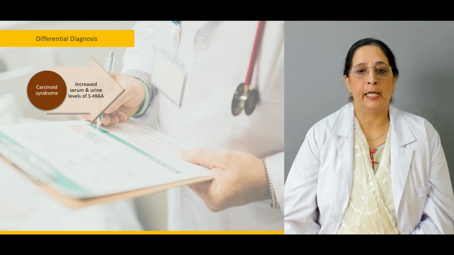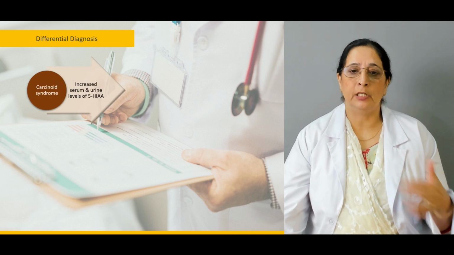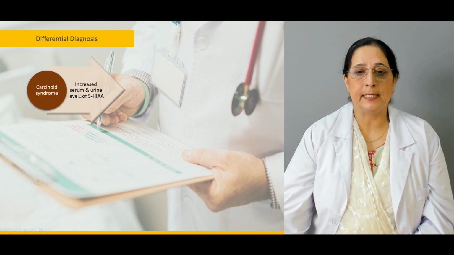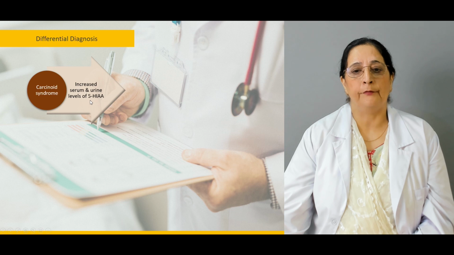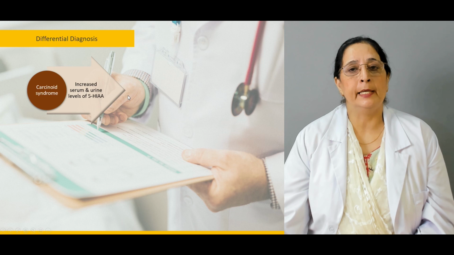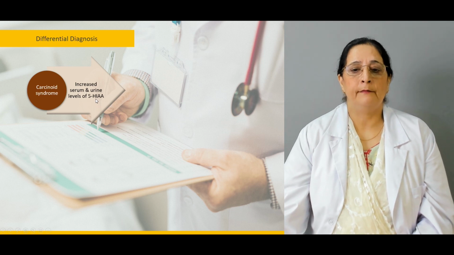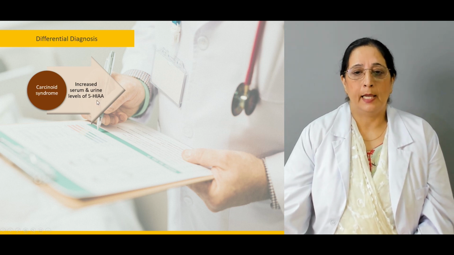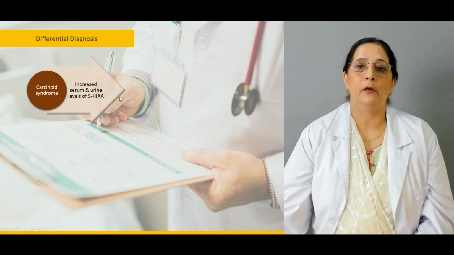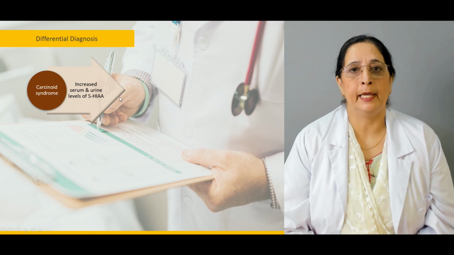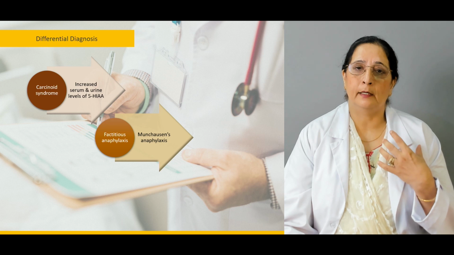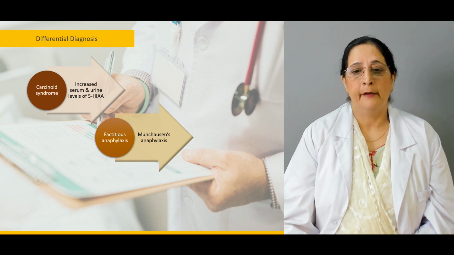Next differential diagnosis, we already mentioned this, carcinoid syndrome. There is increased serum and urine level of 5-HIAA, 5-hydroxyindoleacetic acid. So this is the increased level of 5-HIAA. It's the carcinoid syndrome, another differential diagnosis.